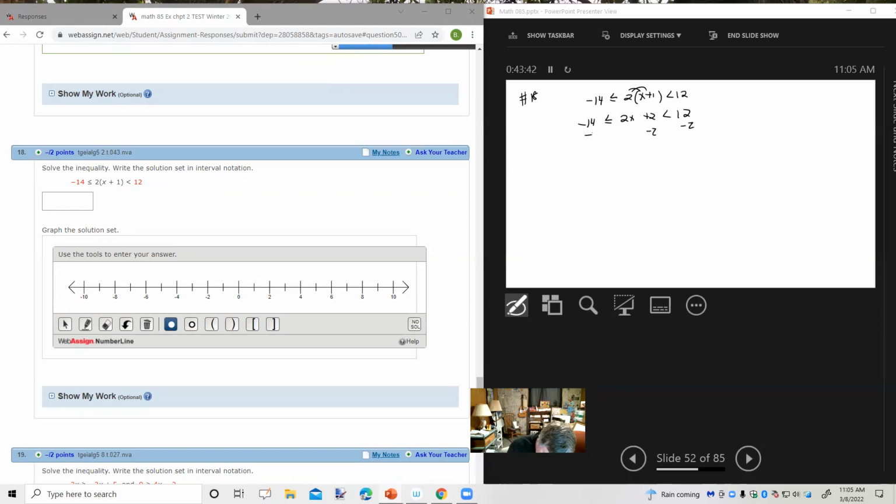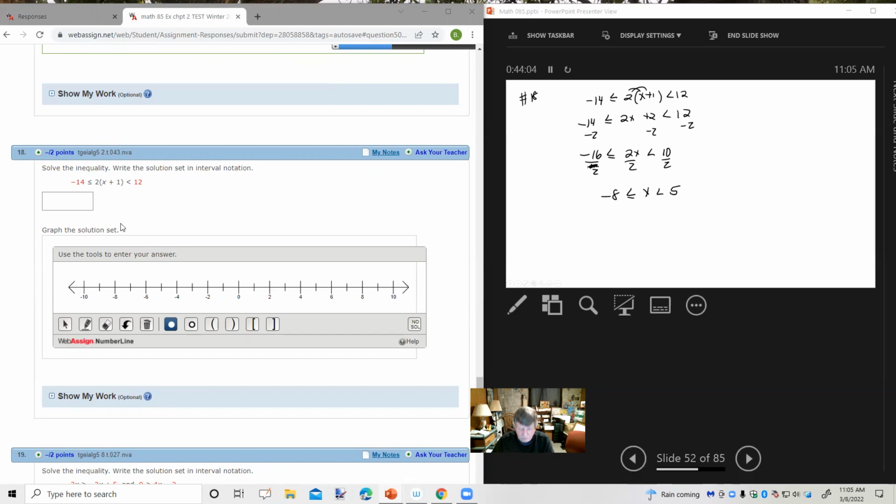Anything I do to the middle or to either end, I have to do to all 3. So I get negative 16 less than or equal to 2x less than 10. Okay, divide by 2, divide by 2, divide by 2. Negative 8 less than or equal to x less than 5.